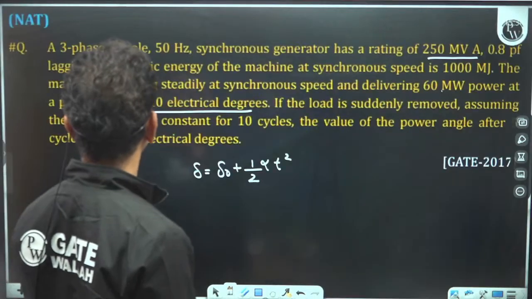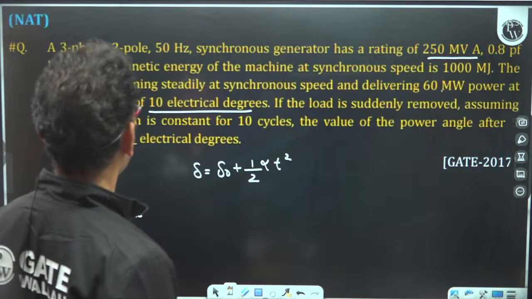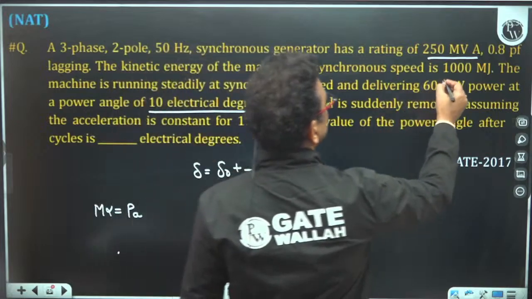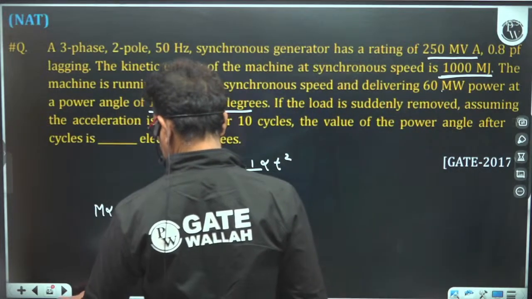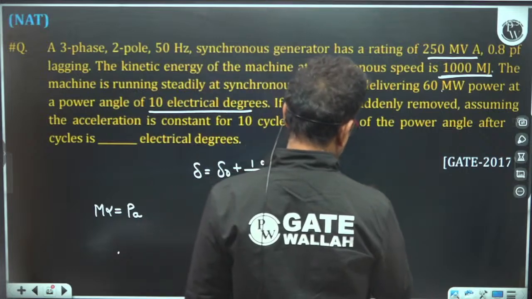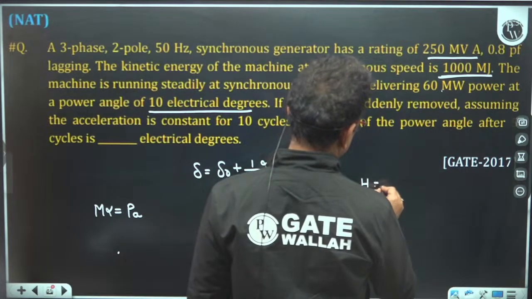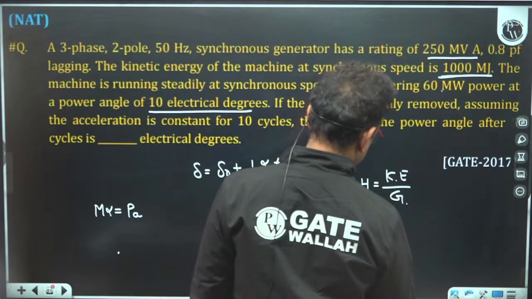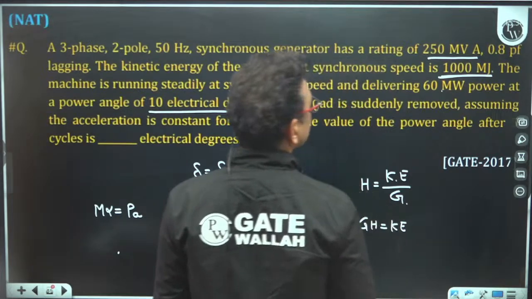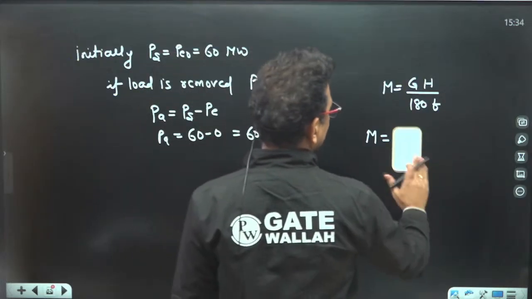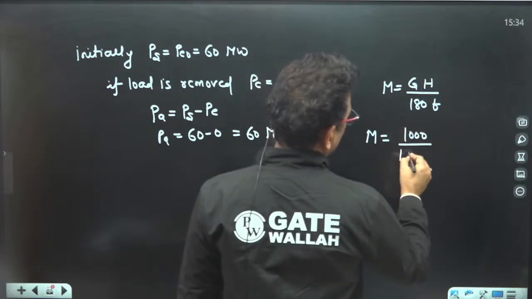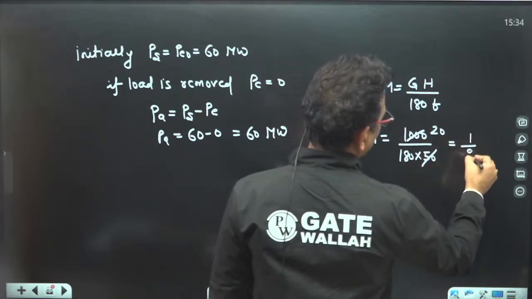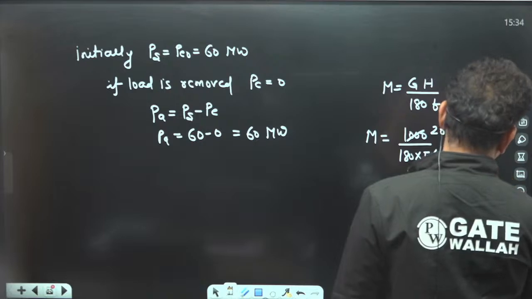H is the kinetic energy divided by G. So GH is directly the kinetic energy, that is 1000 megajoule. 180 into F, 1 upon 9 megajoule second per electrical degree.